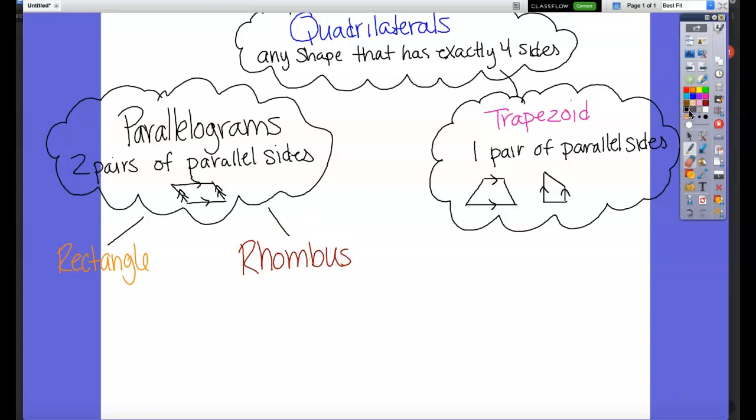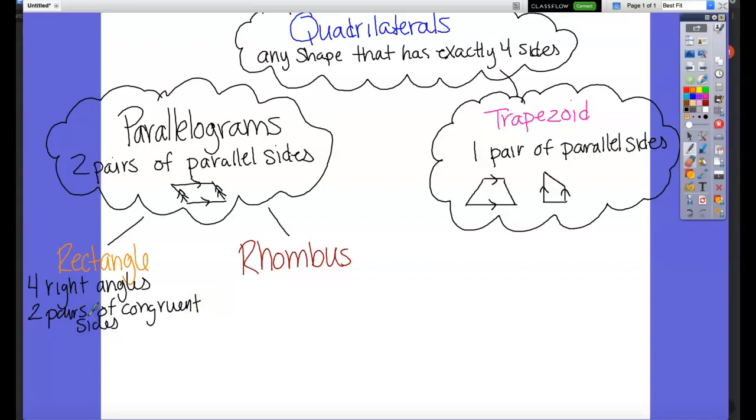Now, if it is a rectangle, it has 4 right angles and 2 pairs of congruent sides.